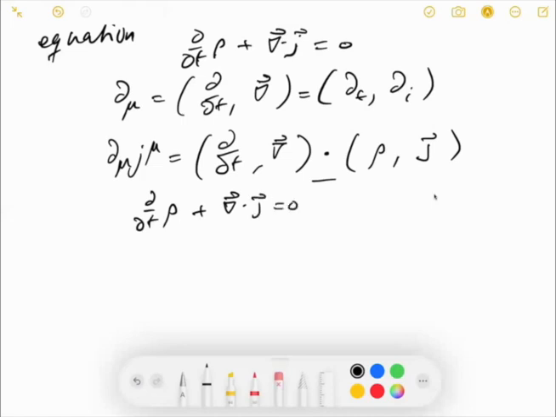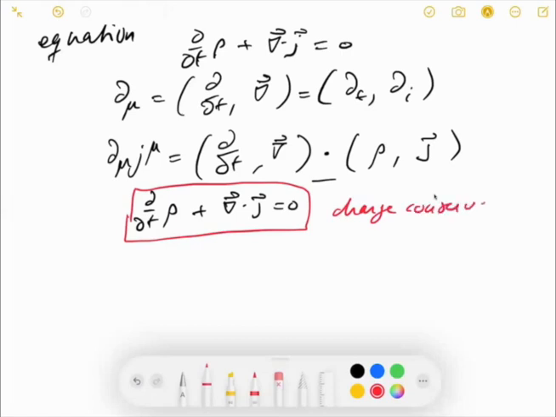Okay, now we've talked about the continuity equation many times now, and we know that this equation expresses charge conservation. Now the laws of electricity and magnetism say that this equation needs to hold if we include the displacement current in Ampere-Maxwell.